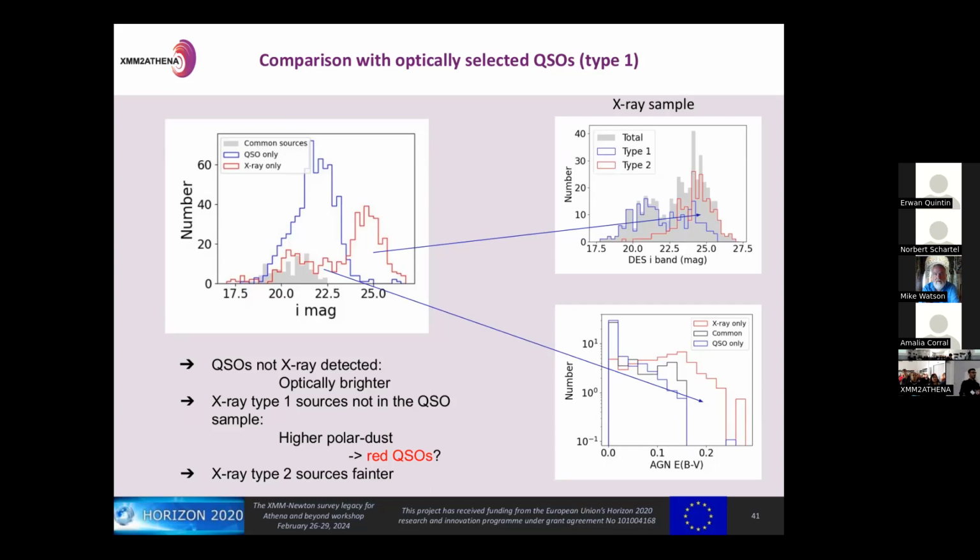This means that they might be red QSOs. This is something we discovered lately, so I didn't have enough time to do more. But these two plots explain why we have two different populations.